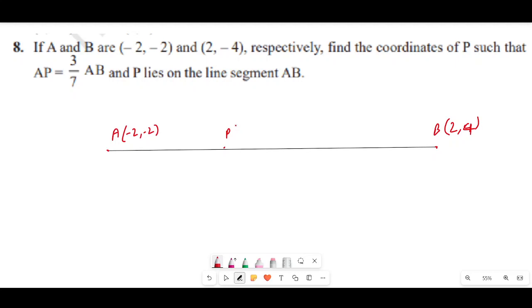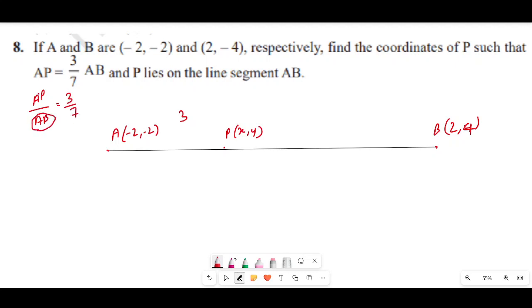Clear? So let's assume the value, now we assume this is (x, y). Now another piece of information is given: AP by AB is 3/7.